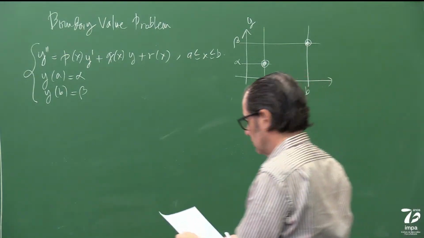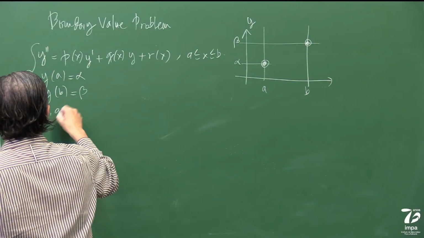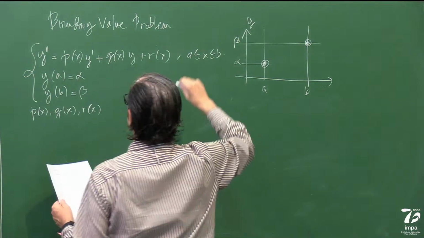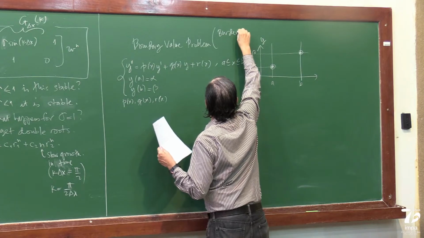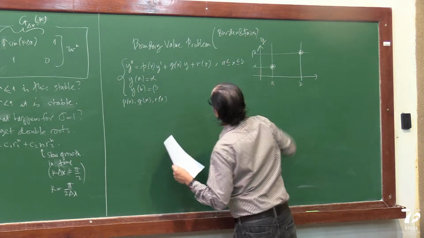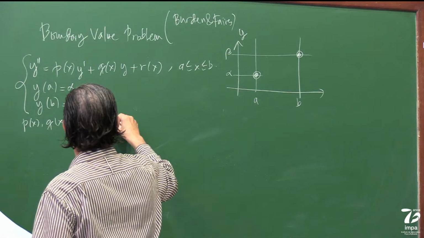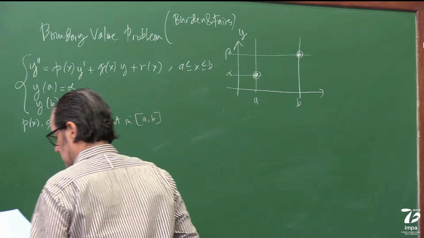So these are the hypotheses. And before I forget, I'm using the more introductory book by Burden and Faires. So these guys are continuous in [a,b].